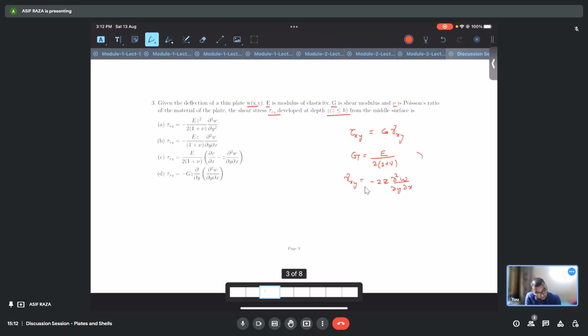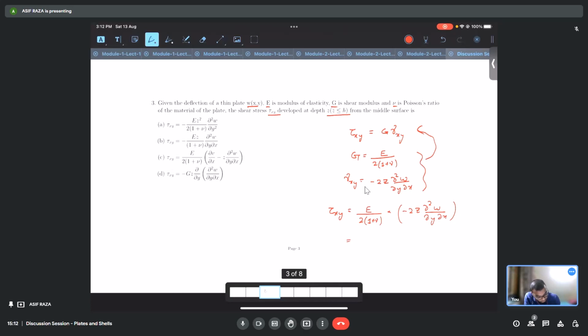If we substitute these two into this equation, we get tau xy equal to E upon 2 times 1 plus nu, times minus 2z del square w del y del x.